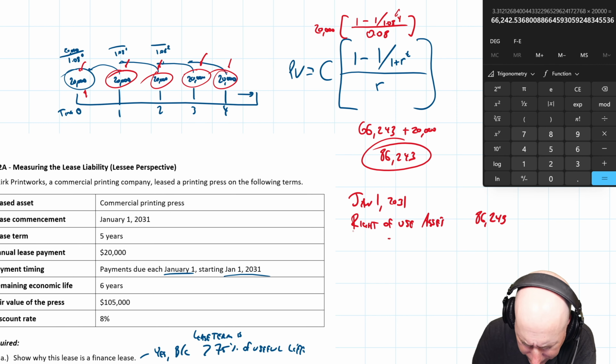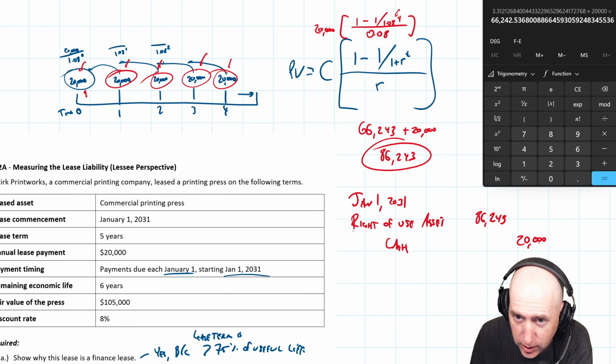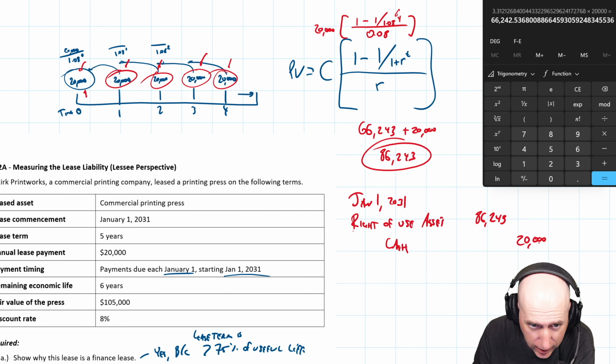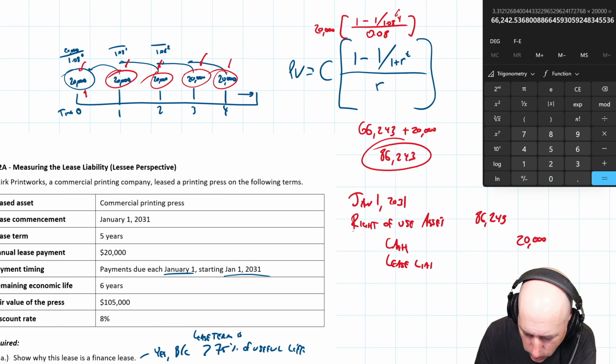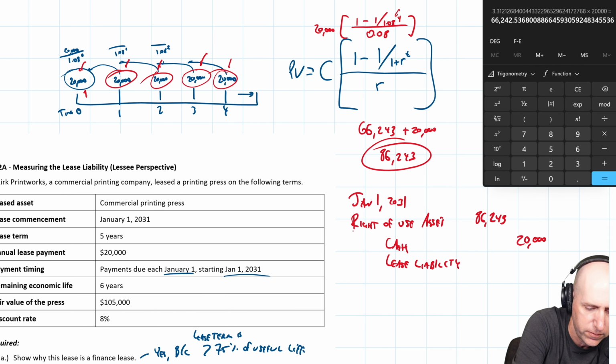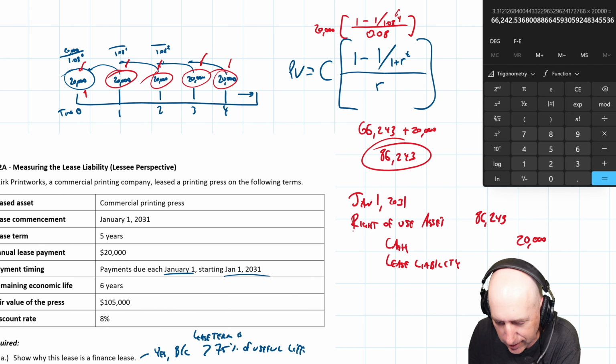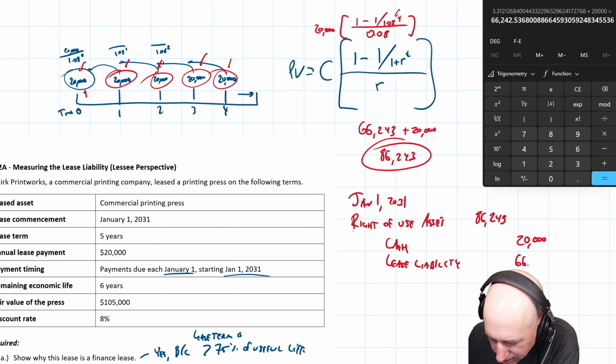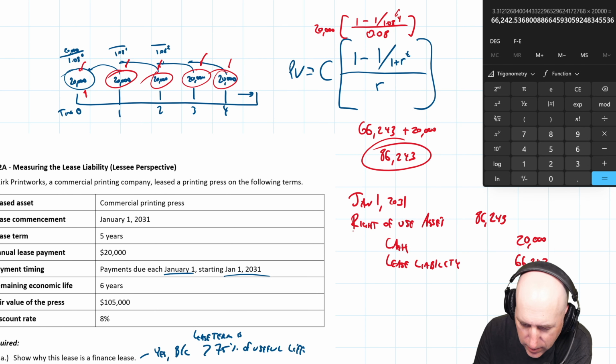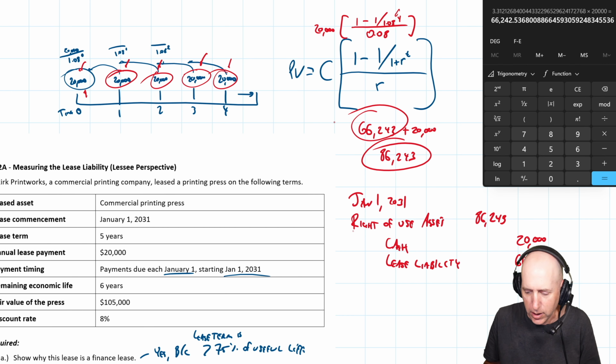We are going to credit cash, of course, $20,000. And we're going to credit the lease liability for the amount we owe on our lease, which is just like the balancing item here. It's the 4 future payments that are going to come out, which is 66,243, the amount we had calculated earlier, net of the cash.